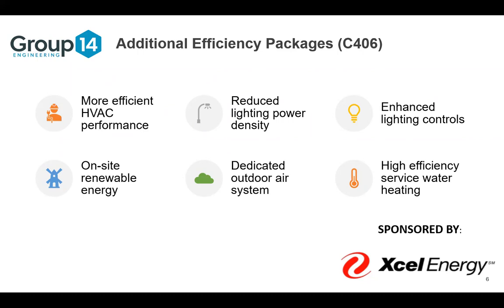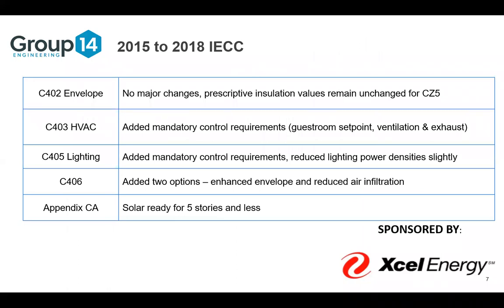Why it's important to understand this is that when you look at performance modeling, and we'll get into this a bit more, you have to see a 15% cost savings from your baseline to your proposed. What that 15% is trying to make up is this additional energy efficiency package that the team does not have to select when they comply with the code via the performance method.